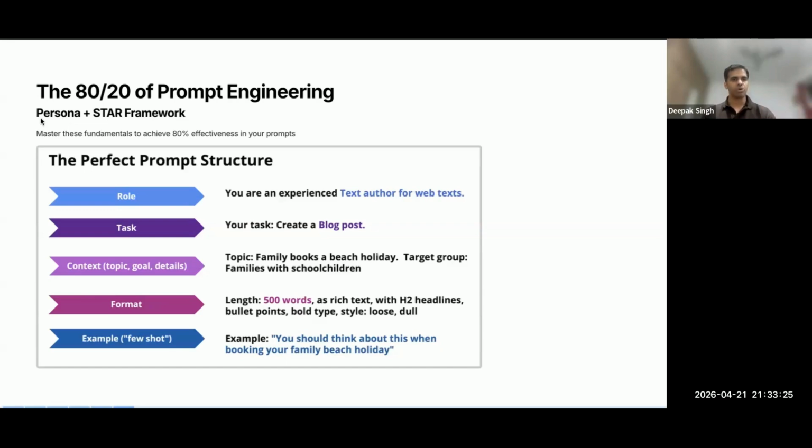Now, this is something that you have seen shared across social media quite a lot, which is, if you want to write a perfect prompt structure, you have to talk about the role, you have to talk about the task, which is create a PRD.